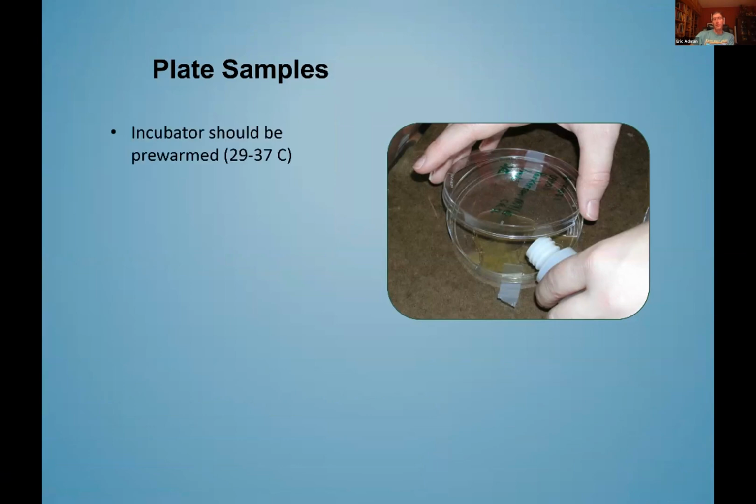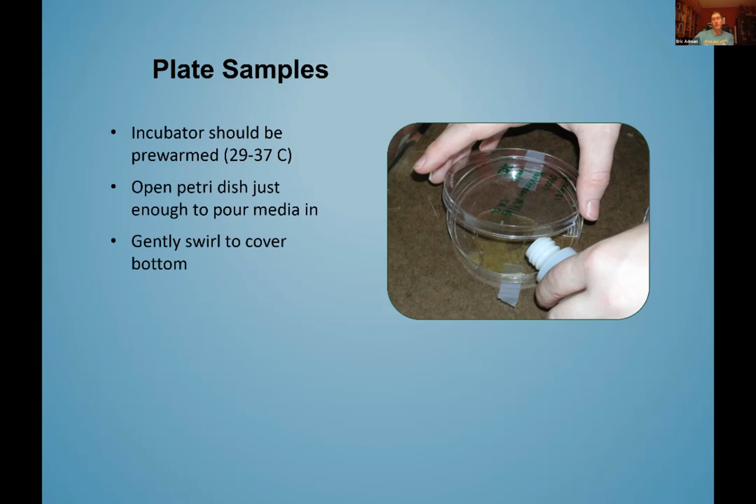So we're going to use our incubator, and ideally you want to have your incubator already warmed up, although that's not essential with the incubators we're using now, because they warm up pretty quickly and they go to a programmed temperature. When you open up the Petri dish, again, you don't want to just leave it sitting open. You just want to open it briefly, just so you can pour the media in with your sample.